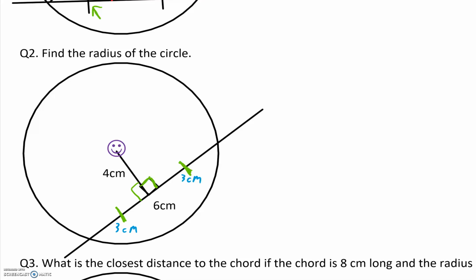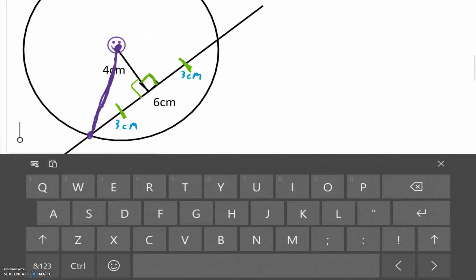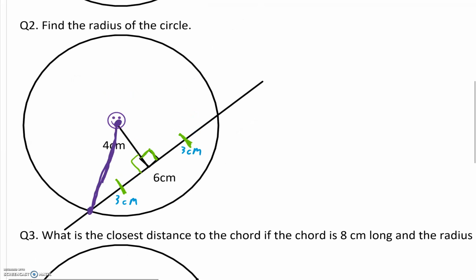Well, the radius would be from the center point, from my purple smiley face, to the edge. And what's helpful is if we go to an edge we already know about. Right? So now we have 4. Basically, I'm going to draw this right angle triangle out again. But hopefully you can see that we have 4 centimeters here, which was in black. 4 centimeters.